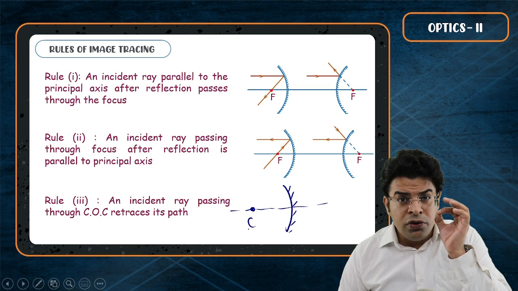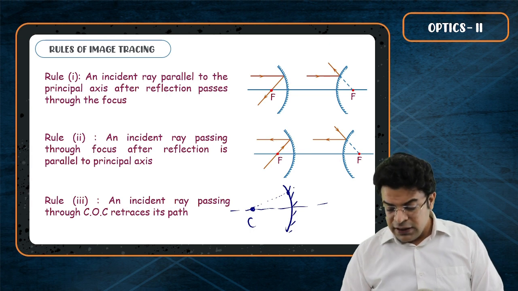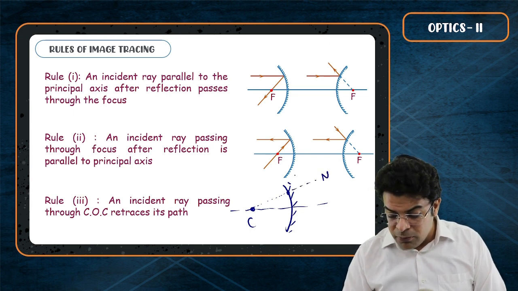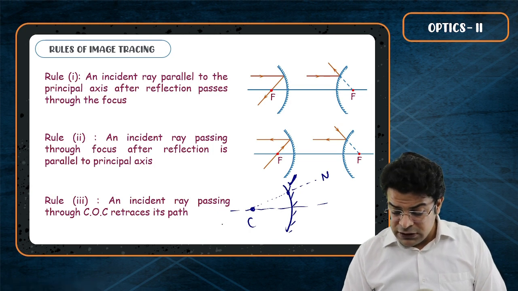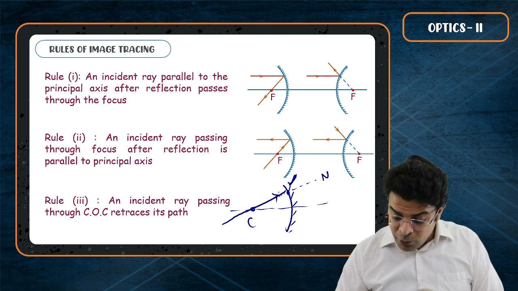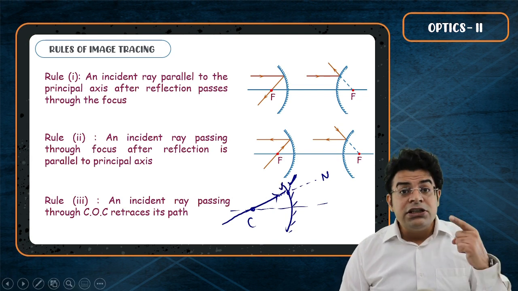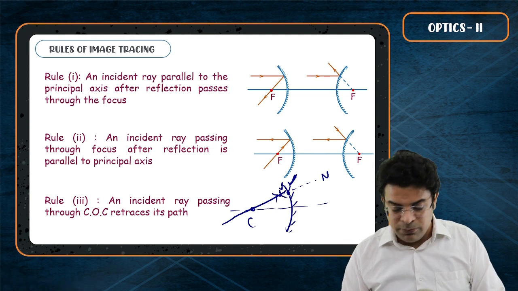If you draw any line joining the center of curvature and a point on the surface of the spherical mirror, then this line itself is the normal at this point. So if a ray of light passes through the center of curvature and hits the spherical mirror, at the point of reflection it is normal to the mirror. So it will definitely retrace its path.